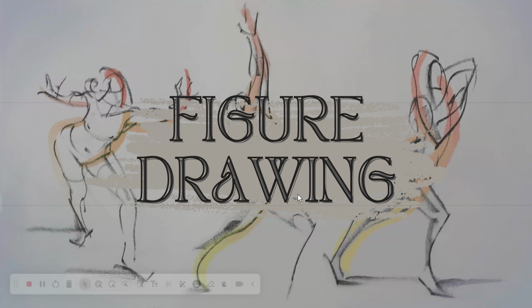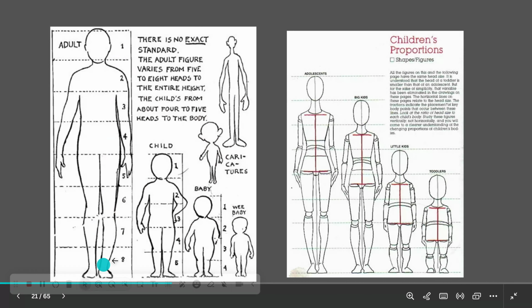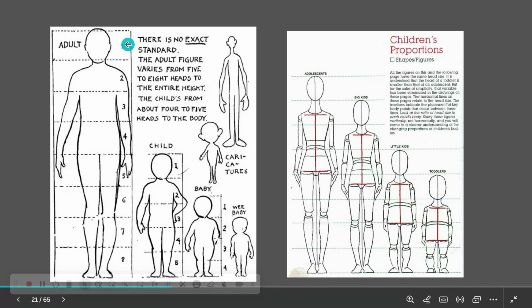You will be doing quite a few different drawing assignments in Google Classroom, and I will be posting different videos. The first video you will watch is where she breaks down the figure into 8 sections or 8 heads, and that is a great starting point when drawing the human figure.